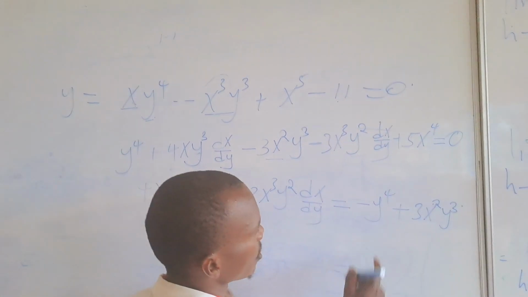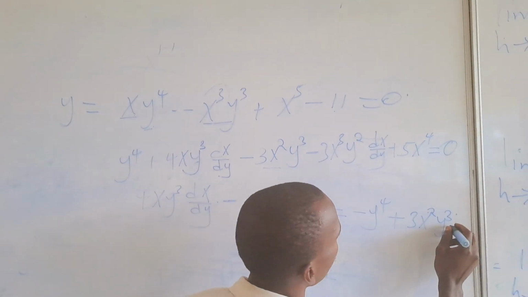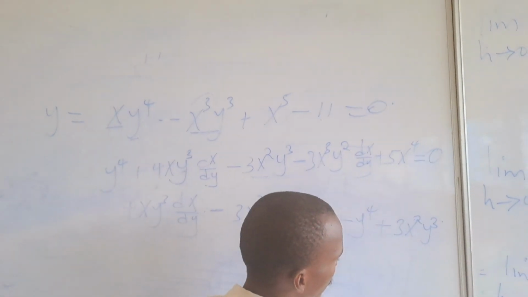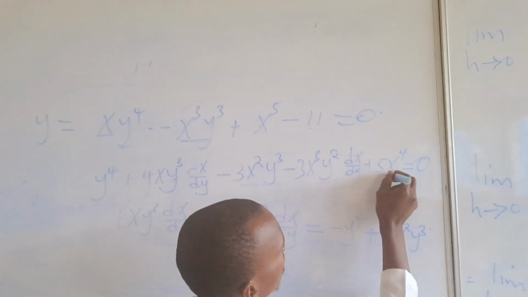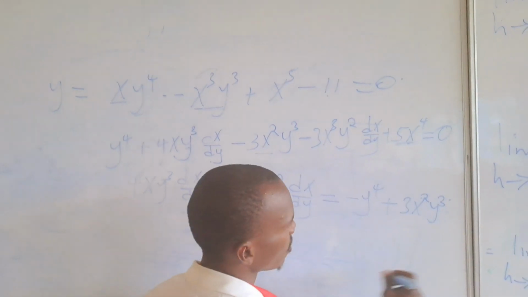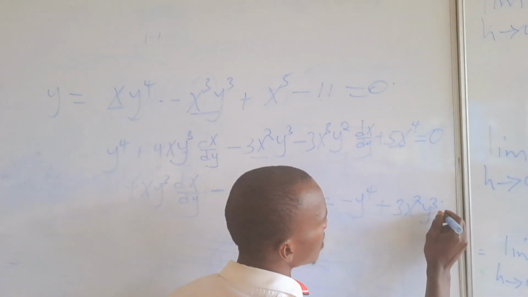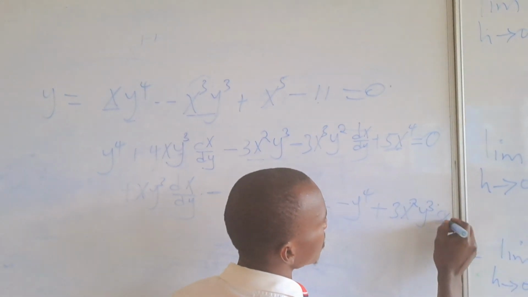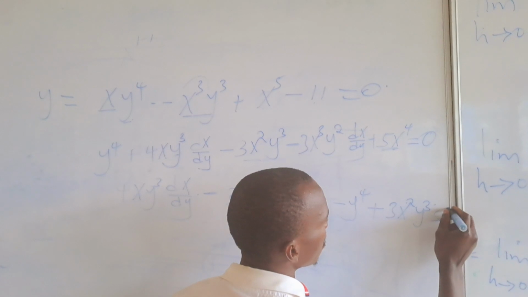We have also this 5x raised to power 4. Also it goes to the other side, it will be negative 5x raised to power 4.